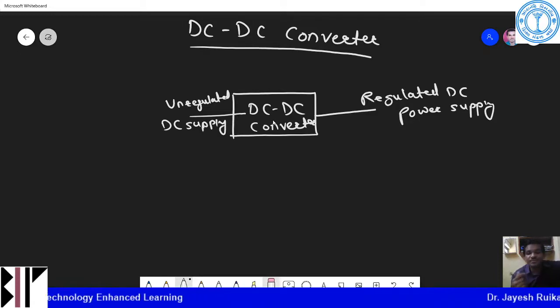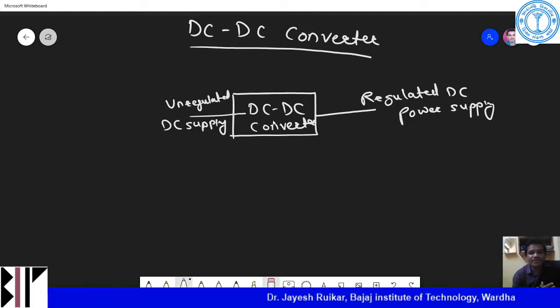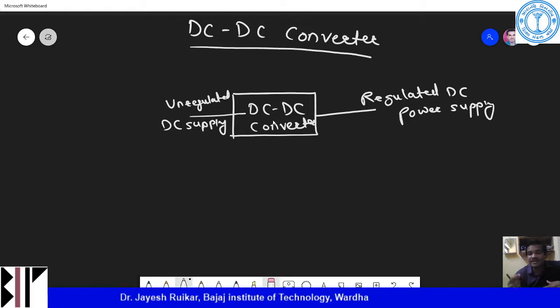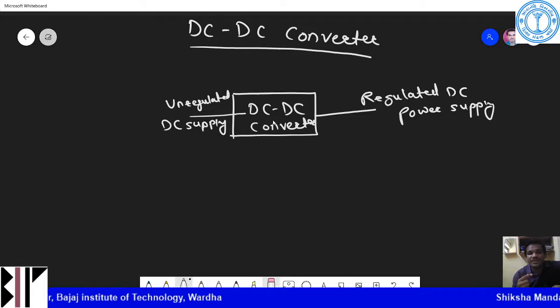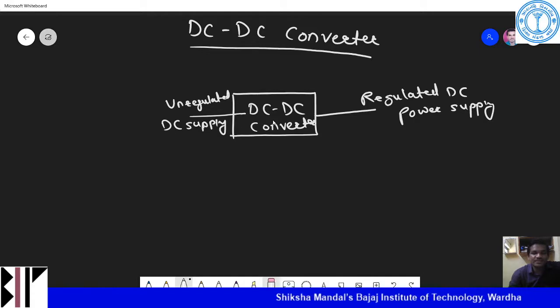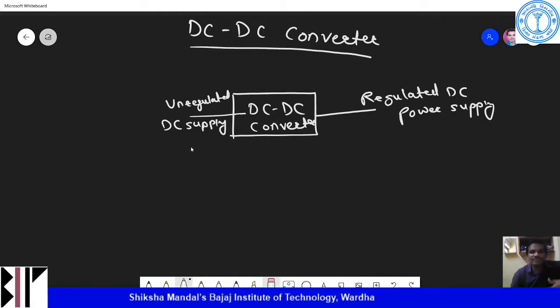The input is not regulated. For example, take a mobile charger. What is the input at the mobile charger? The input is an unregulated AC signal. In order to get a DC supply at the output, we use a rectifier circuit.